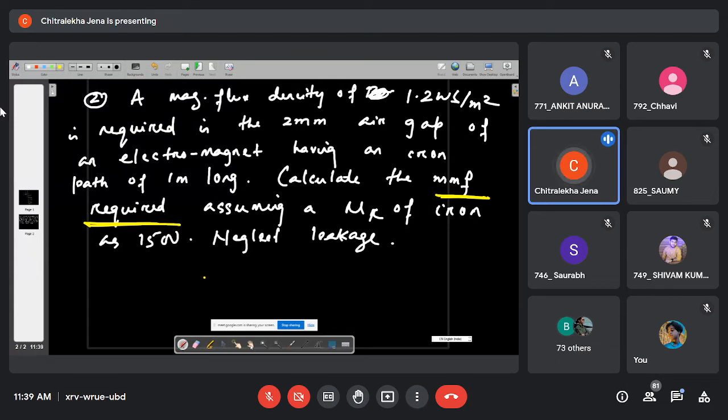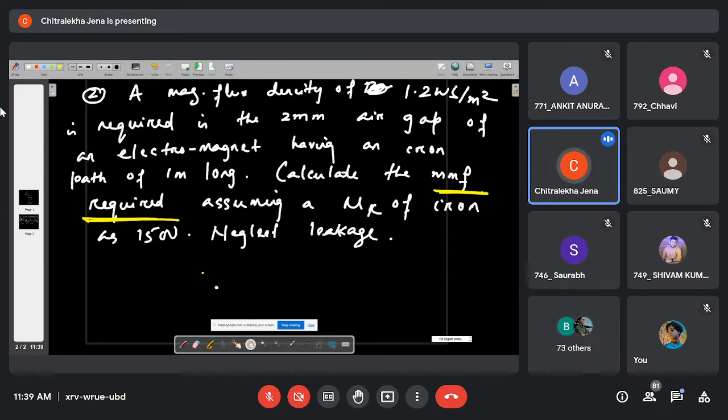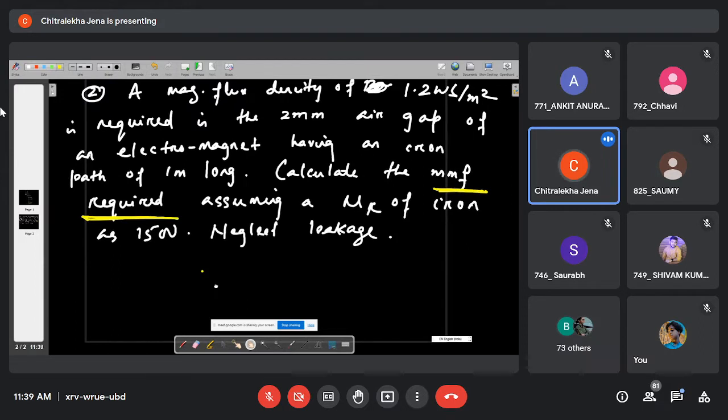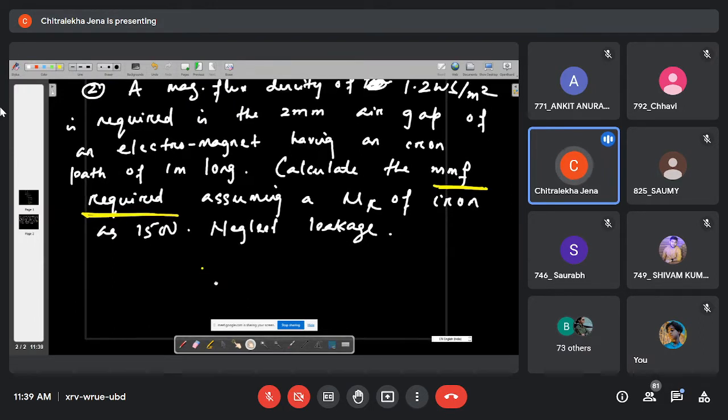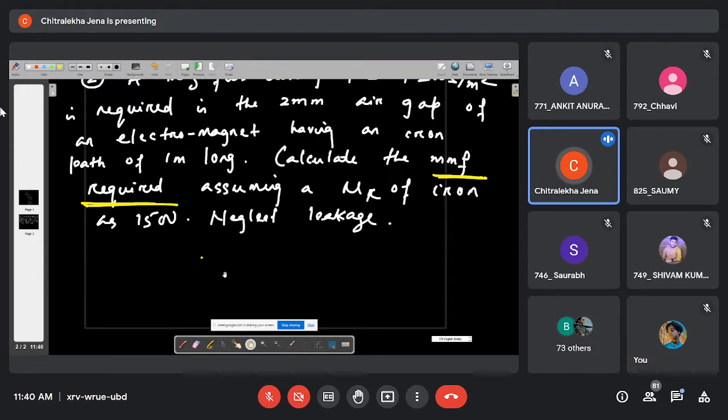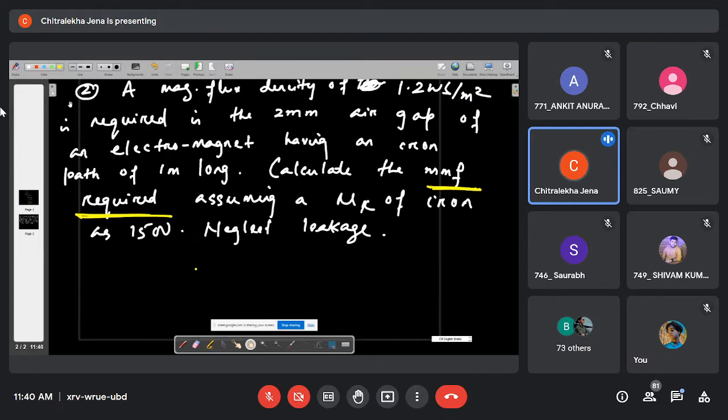Yes. How much have you proceeded? Tell me. What are the given values? You see, this problem is of a composite magnetic circuit. What are the materials we are using here? We are having iron, and another one an air gap.